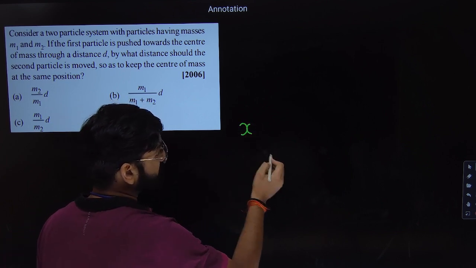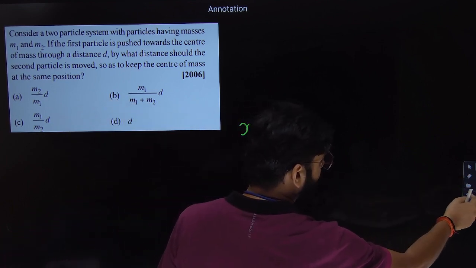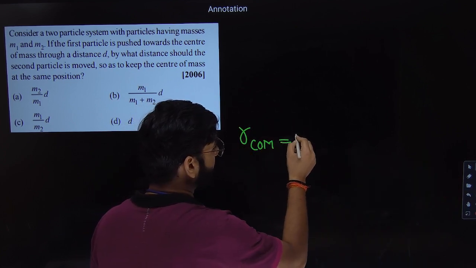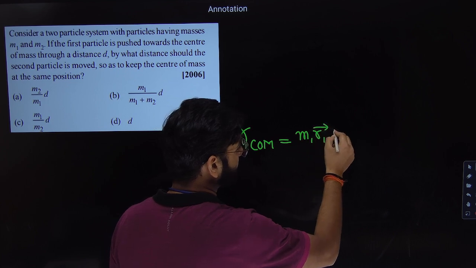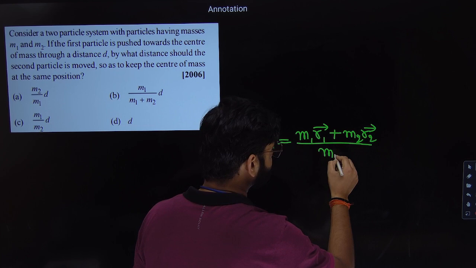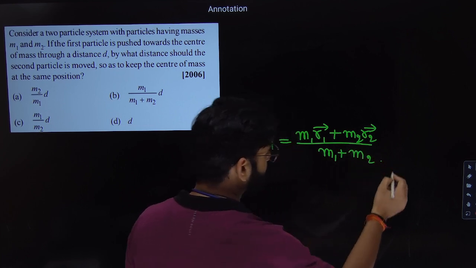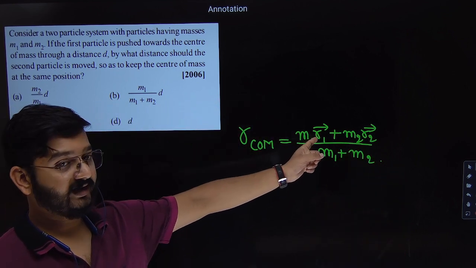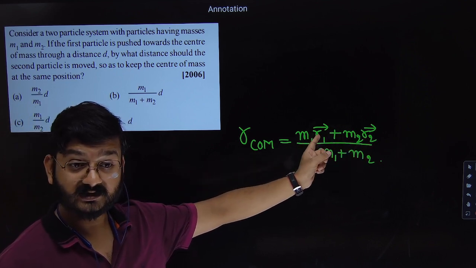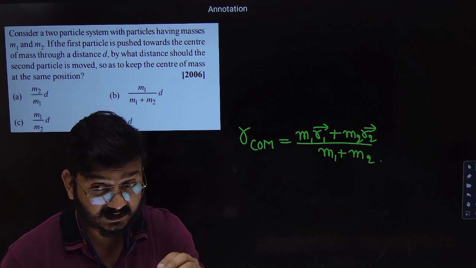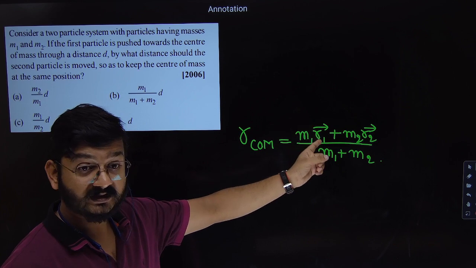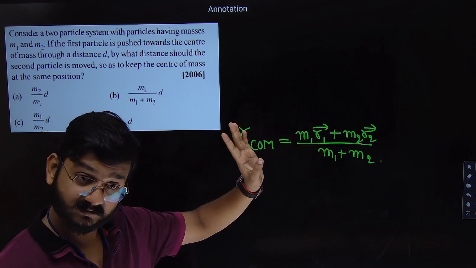So what is XCOM or RCOM? RCOM is M1 R1 plus M2 R2 by M1 plus M2. Remember that this is a vector. So you need to write the position with its proper sign. You will not write only the magnitude; you will write the magnitude with the sign because it is a vector.